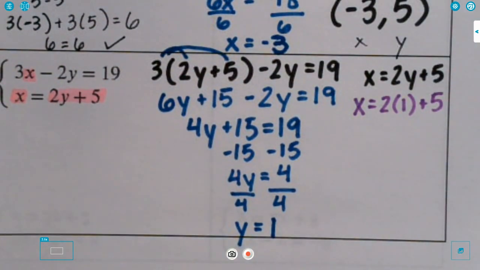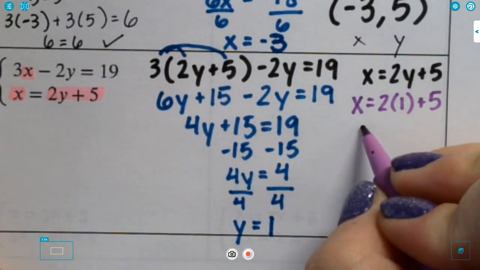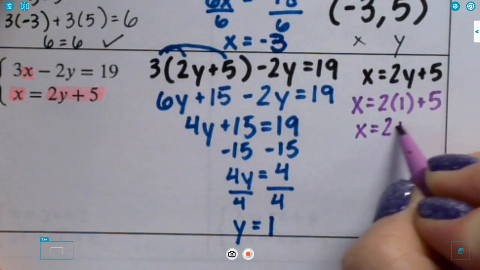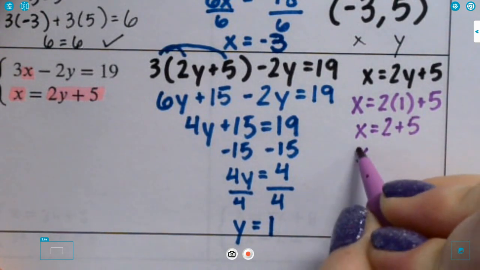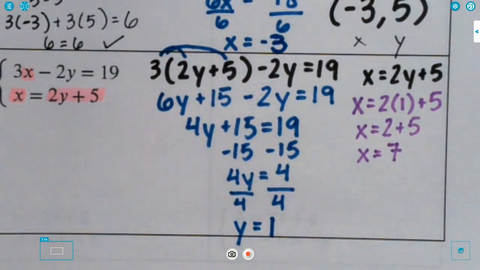So I'm plugging in my known y value for y. And then I can do this math. 2 times 1 is 2. So I've got x equals 2 plus 5. And then 2 plus 5 is 7. So I get x equals 7.